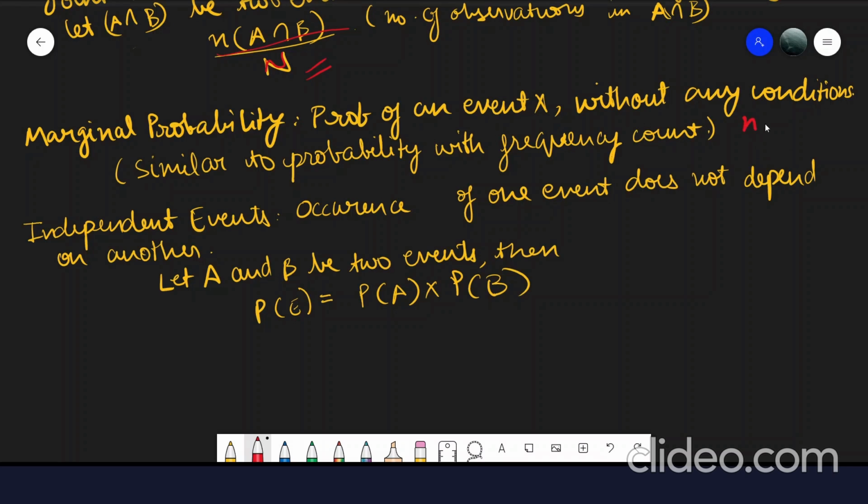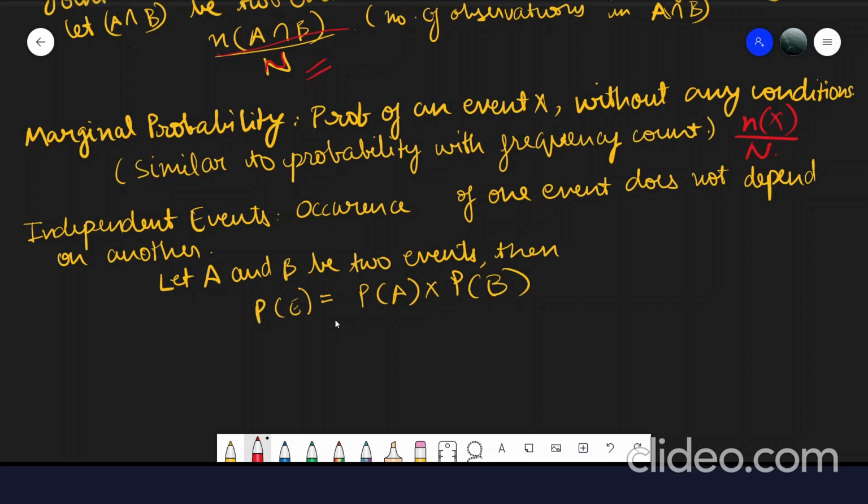You take the number of events that follow the question you're trying to solve upon the total number of events. And then there are independent events, where the occurrence of one event does not depend on another. Let A and B be two events.